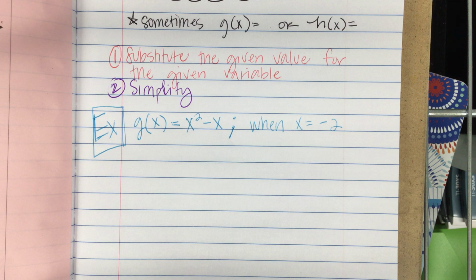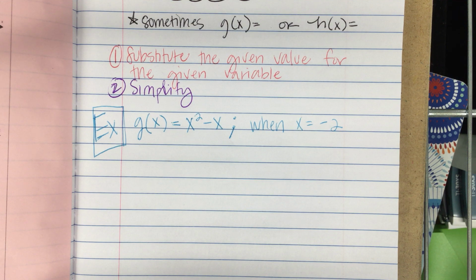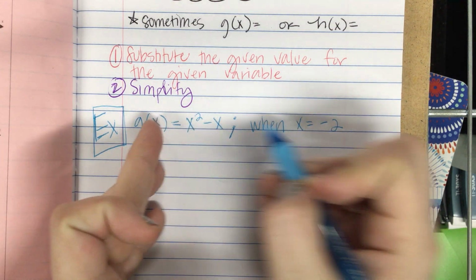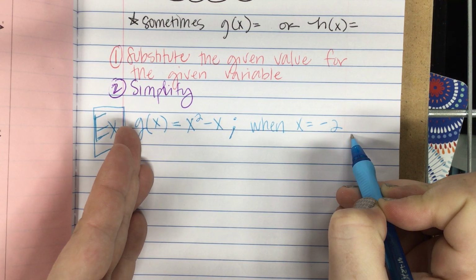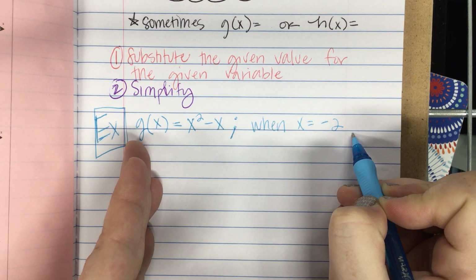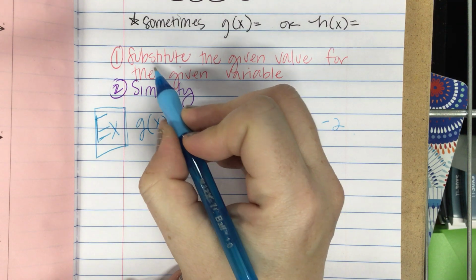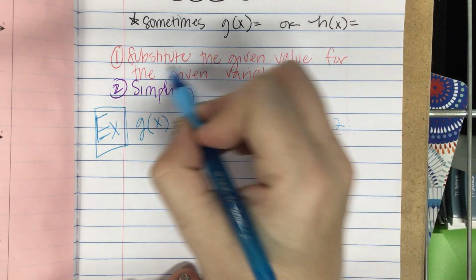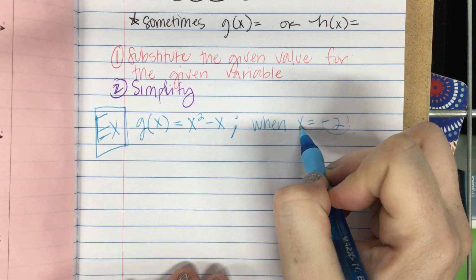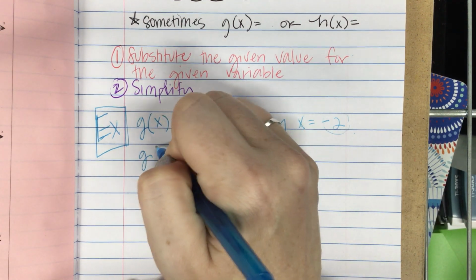Now this will be an example, a situation where parentheses matter. So here's my function. Make sure you focus. So we're going to substitute the given value, -2, for the given variable instead of x. So my problem will look like this.